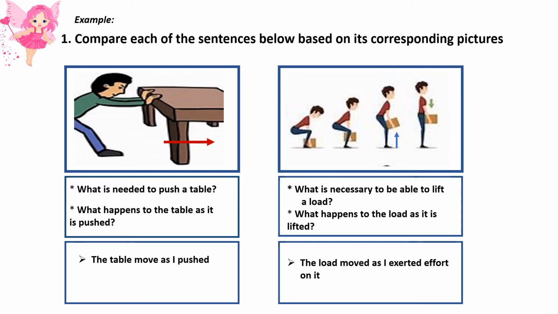And the other picture, what is necessary to be able to lift a load? Okay? So, what is needed to push a table? Then, what happens to the table as it is pushed? Then, in the second picture, what happens to the load as it is lifted? So, these are the things that you are going to answer.